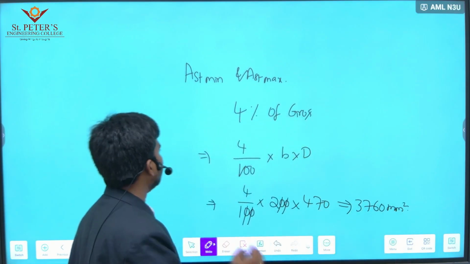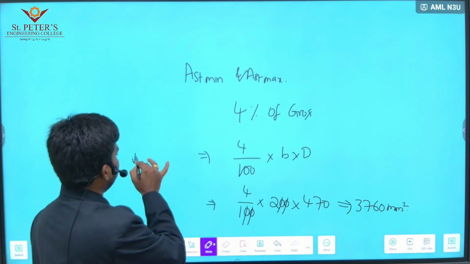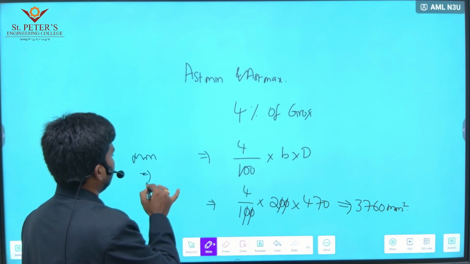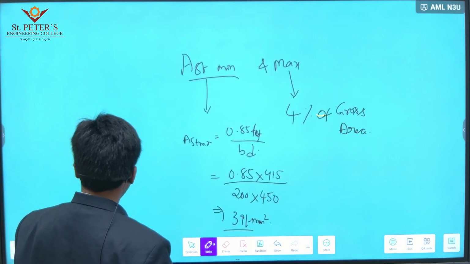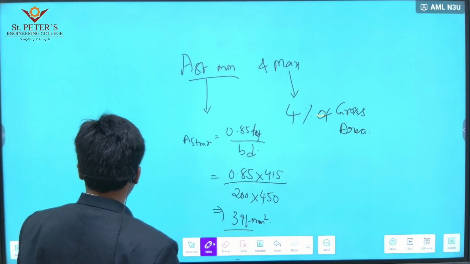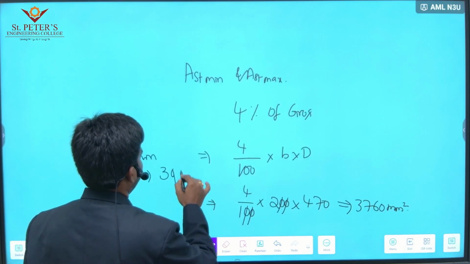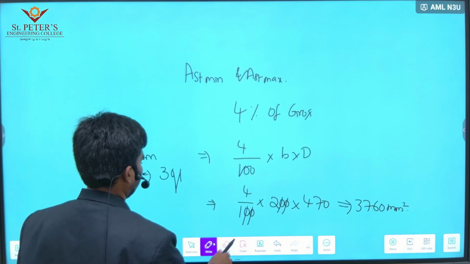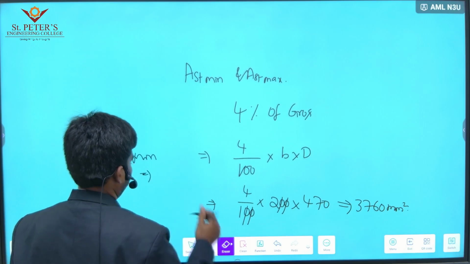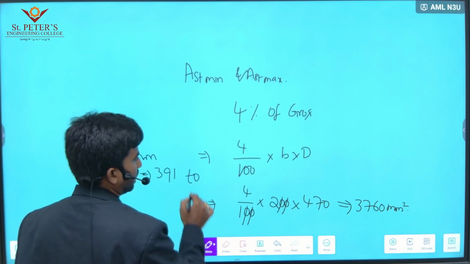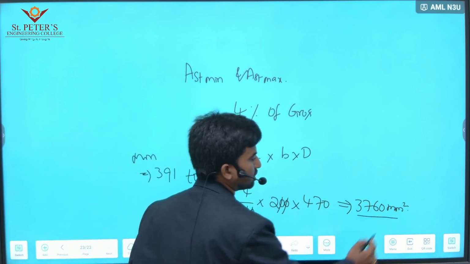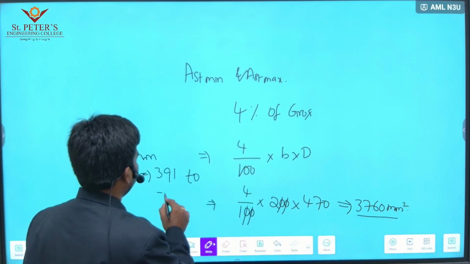So the minimum steel is 391 up to the maximum value of 3760.